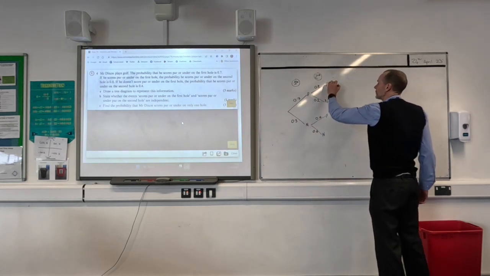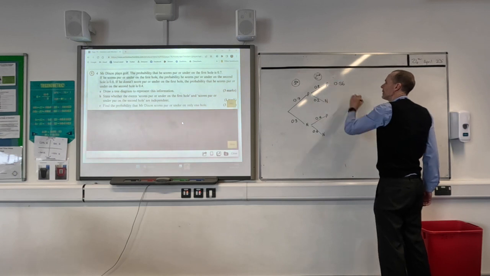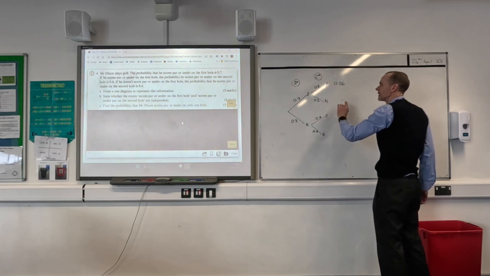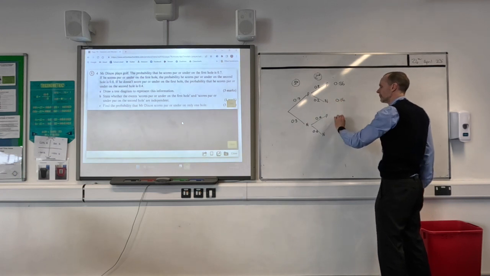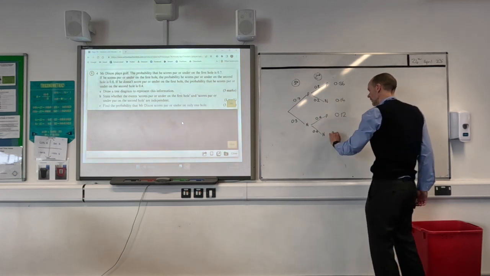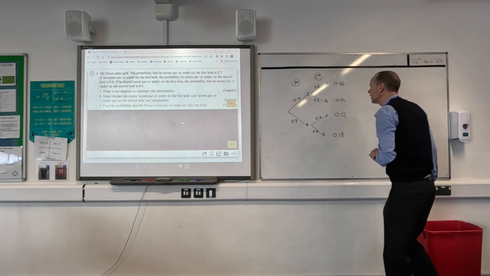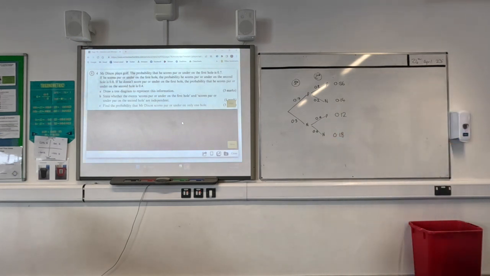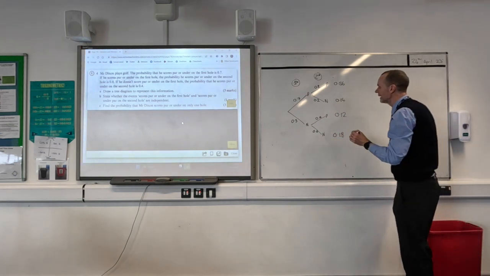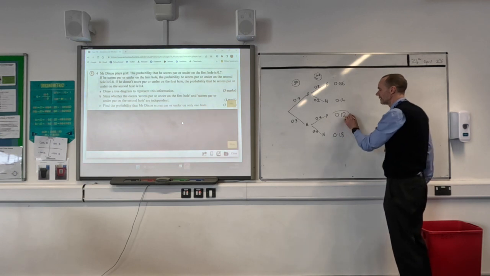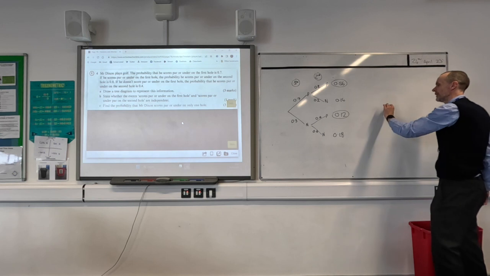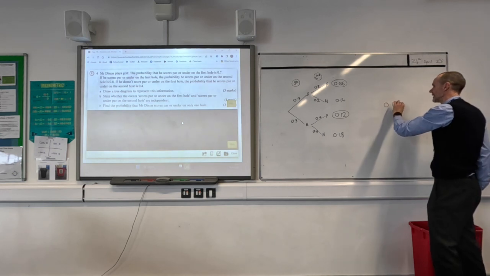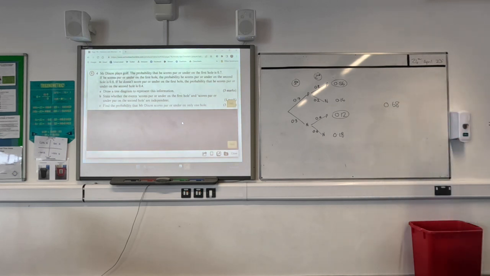So if I work out my probabilities at the end, the probability he pars both is 0.56. I know it's par or under. That's 0.14, that's 0.12, and that's 0.18. So the probability that he pars the second hole, well, that's those two added together, so that's 0.68.